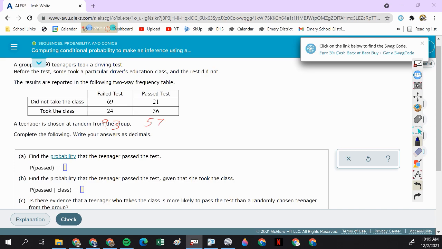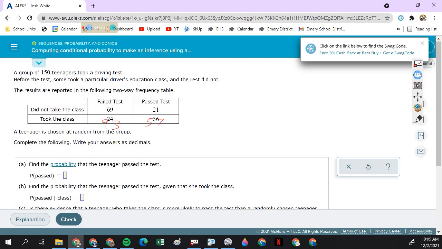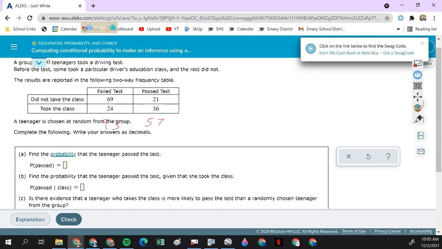Add those together, and we get 150. 69 and 21 would be 90. And 24 and 36 would be 60. What is the probability of randomly selecting a person and that person passed the test?